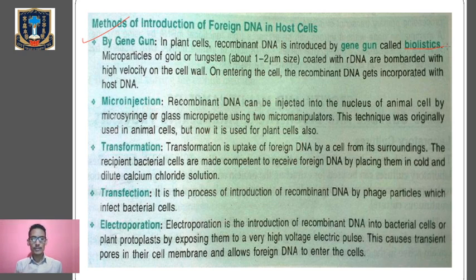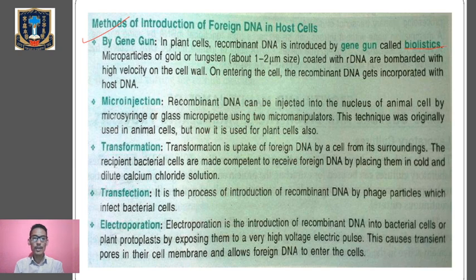Here, microparticles of gold or tungsten are coated with recombinant DNA and bombarded at high velocity into the plant cell walls. When we bombard the recombinant DNA at high velocity into the plant cell wall, the recombinant DNA gets incorporated into the host DNA.